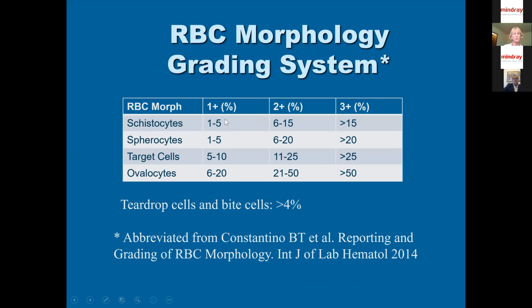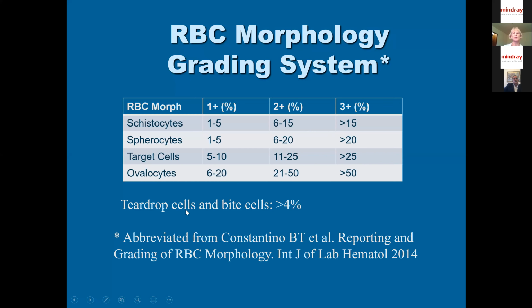And again, I want to stress that even these abnormal cells, in particular spherocytes, are a minority of the cells. We're not talking all the cells. So if it looks like all the cells, then you're probably not in a good area of the smear to evaluate for these red cell morphology abnormalities.